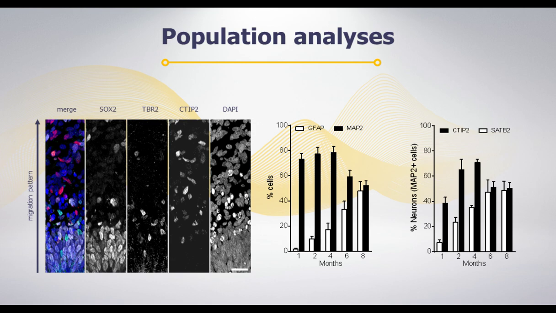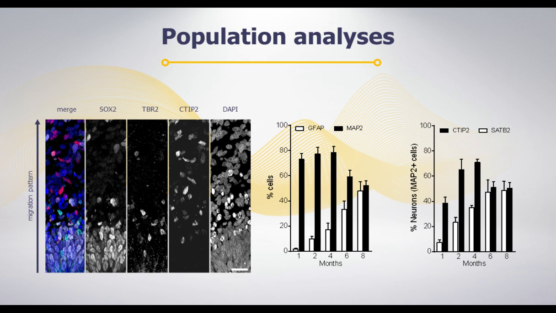So this is percentage of cells over the course of 8 months. And at very early stages, 1 month, most of the cells that we have are neurons represented by the MAP2 positive cells in the black bars. And this population grows a little bit and then starts to decrease.